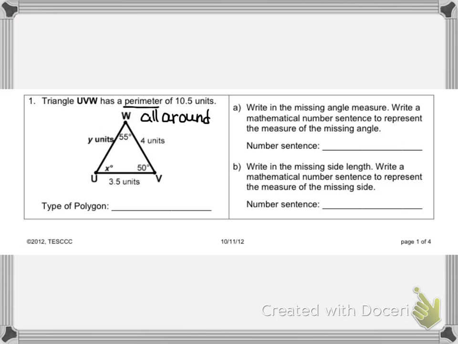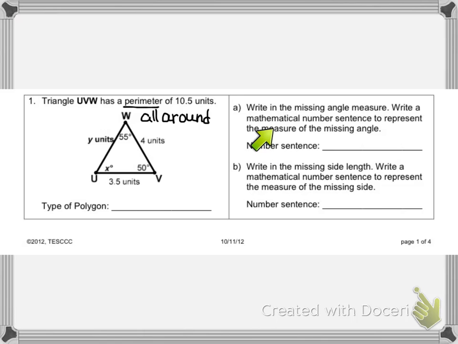If I want to go from point U to point V to point W and back to U, I am going to walk a total of 10.5 units. I know that if I walk from U to V, it's 3.5. If I walk from V to W, it's 4. And it doesn't tell me what W to U is. So what am I going to do?